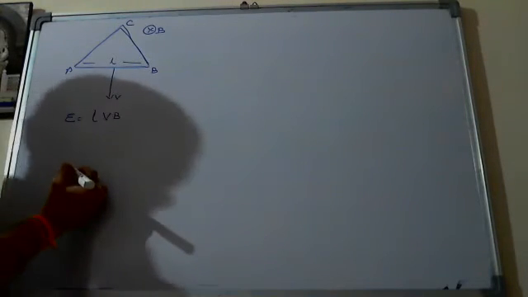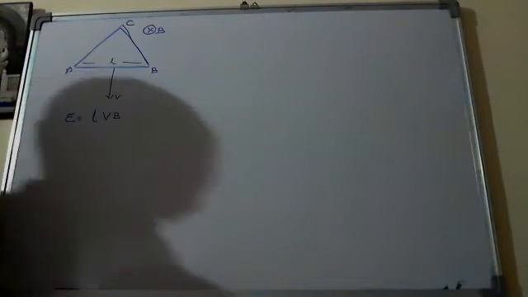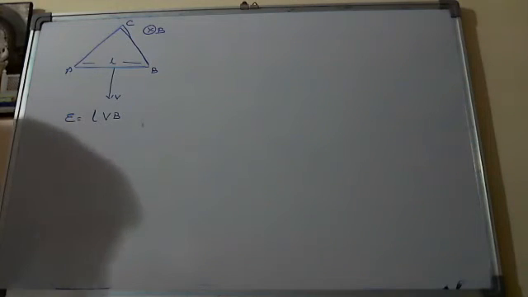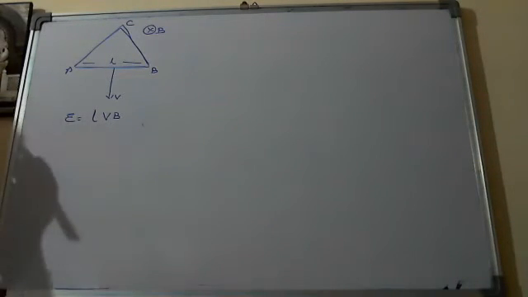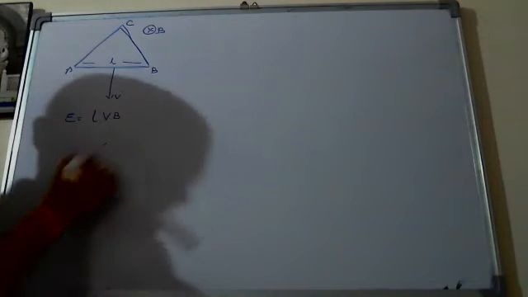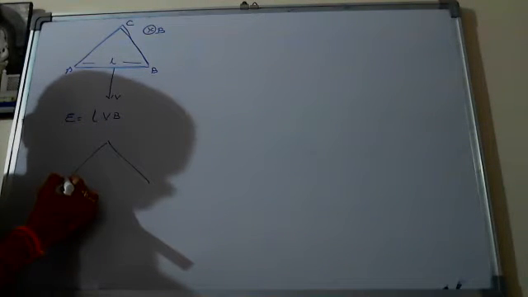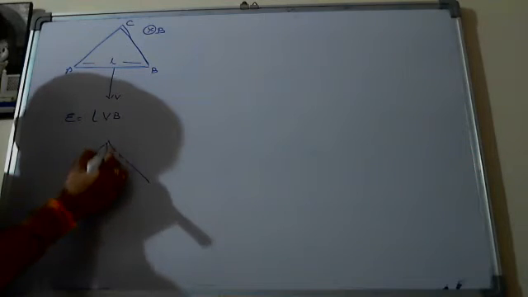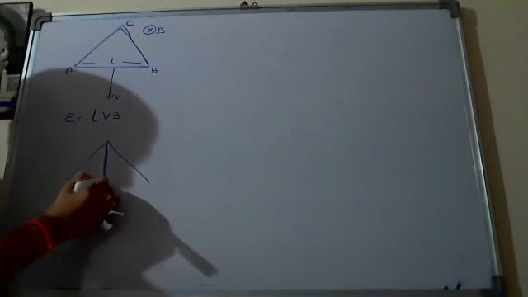It is L by 2, sir. Effective length part is correct, but I think only, sir. Here, L by 2 sine theta 1, L by 2 sine theta 2, sir. As it is an equilateral triangle, theta is 30 and 30, sir. Means effective length means you are telling like this. Is this the effective length?